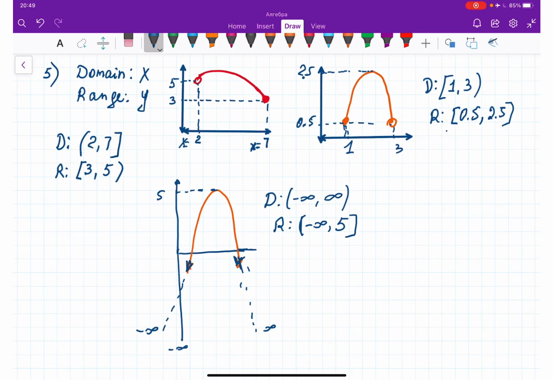And if I have a graph like this, let's assume my graph goes like this.